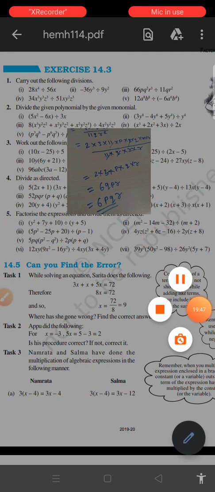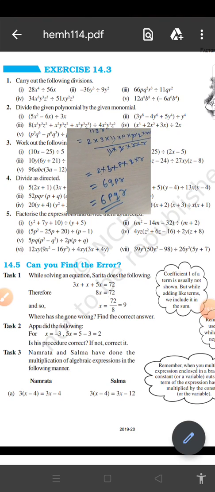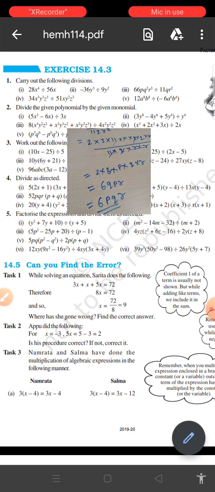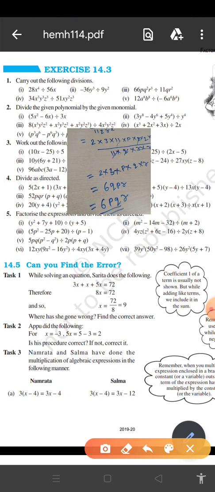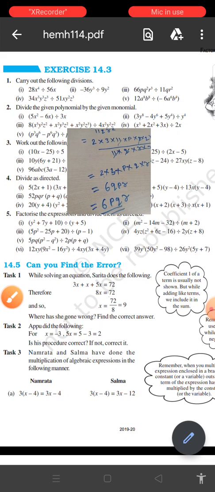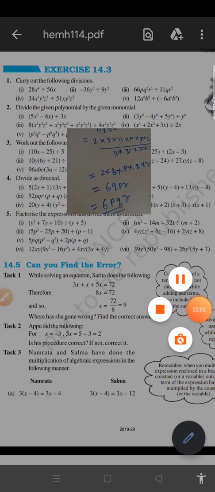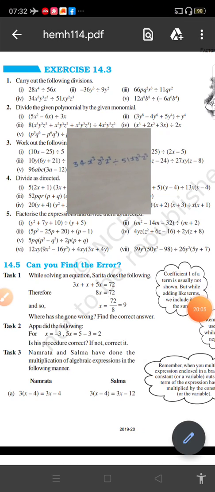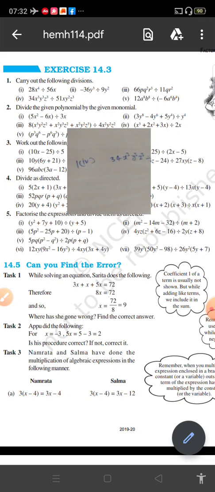Clear? Now after this students, I hope all understood. Now we are going to the fourth part, solve the fourth part. Students, you can say this is the fourth part of question number 1.